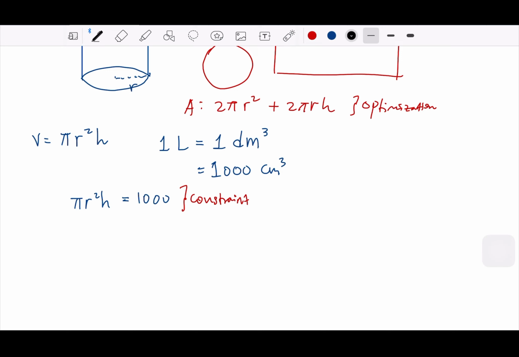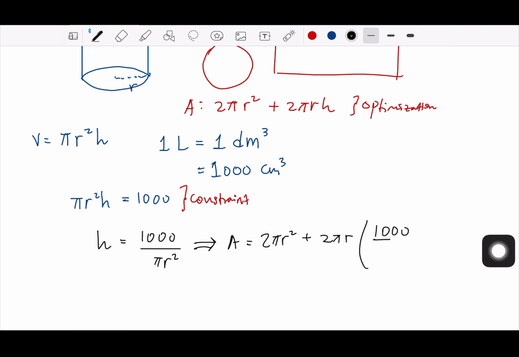I will substitute height. So h will be 1000 divided by pi r squared. Substituting into the area, it is 2 pi r squared plus 2 pi r times 1000 over pi r squared.